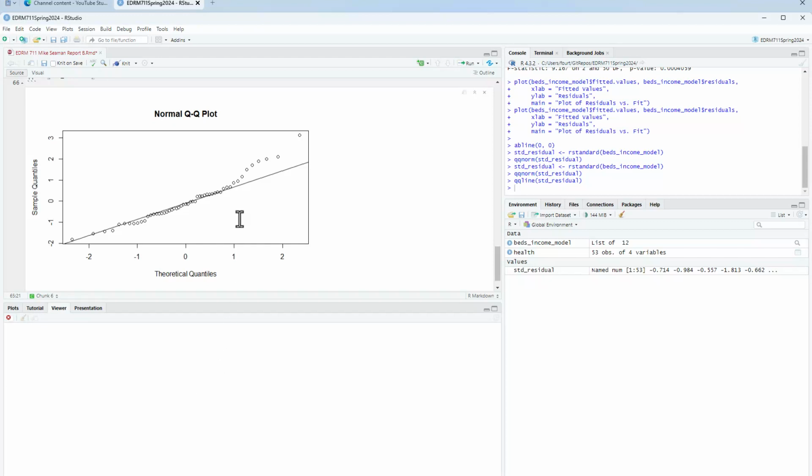But I will tell you that up to about a theoretical and a sample value of 1, which is right about here, up until there, it looked good. It looked as though these residuals were from a normal distribution. But once we get beyond that point, we're actually getting higher z-scores than we had anticipated getting, meaning that our residuals are getting excessively large in terms of the largest residual values that we find.